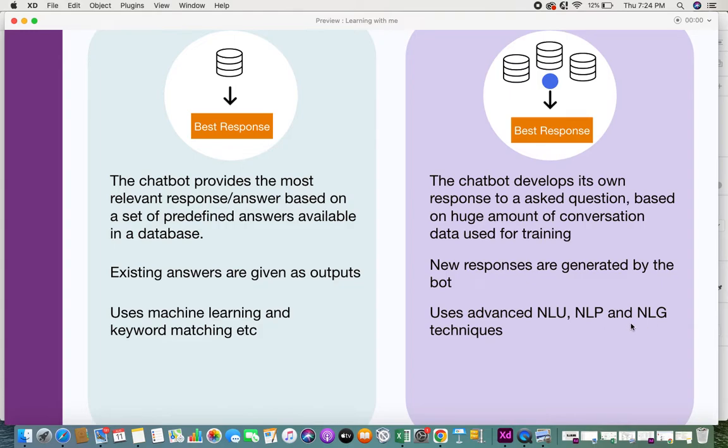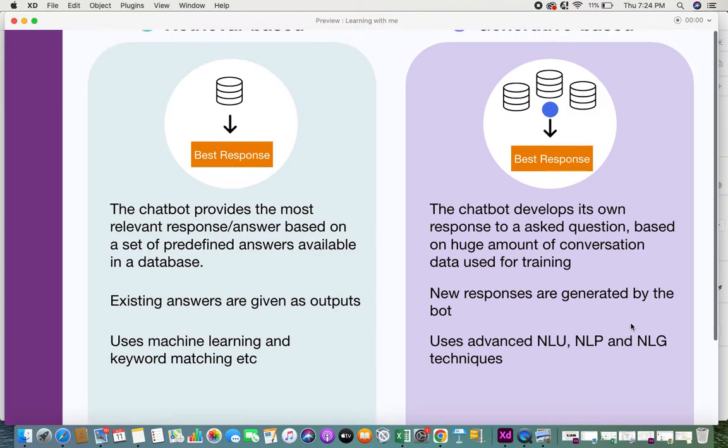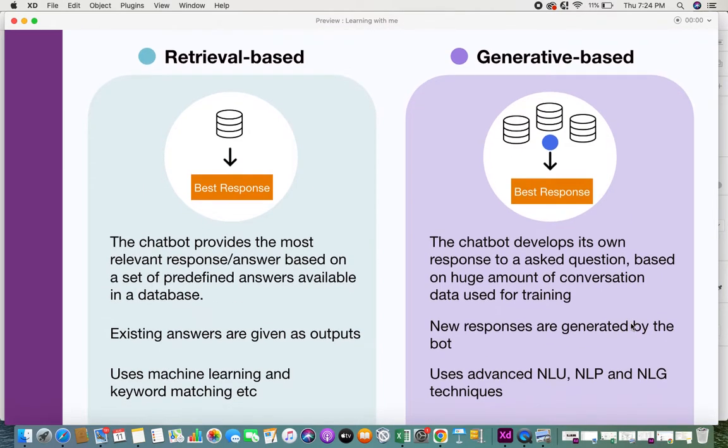Bots need to understand what the user at the other end is trying to portray. It needs to understand the language, process the meaning of the sentence that is given to it, and be able to generate a response. So this is about generative based bots.